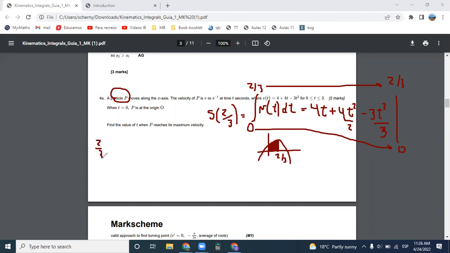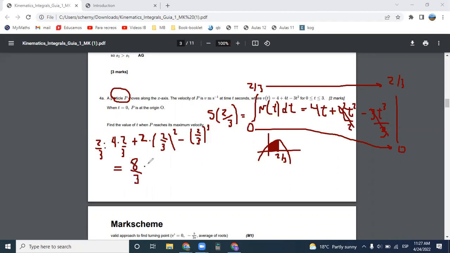So at 2/3, we have 4 times 2/3 plus, well, 4/2 is actually 2, right? So we have 2 times 2/3 squared, minus 3/3 becomes 1, so minus 2/3 to the power of 3. So this is equal to 4 times 2 is 8, so 8/3.